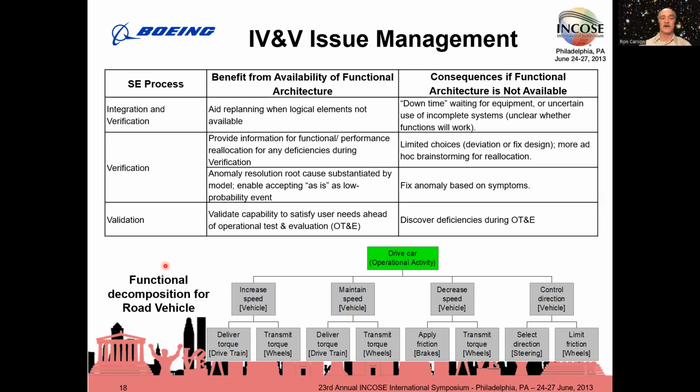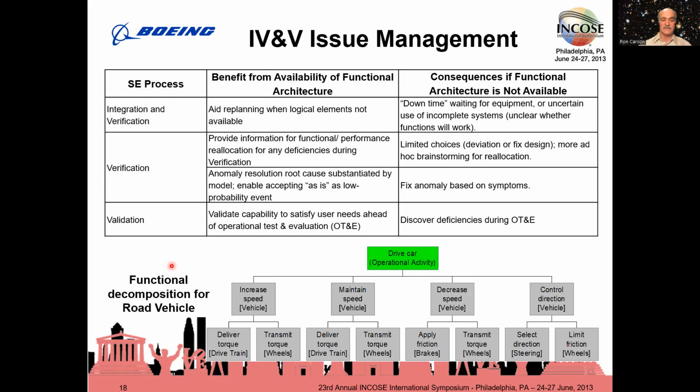We can also use the architecture model to help resolve anomalies, things that we weren't expecting, and fix them ahead of time, rather than simply forcing the stakeholders to accept the system as is or go to rework based on just fixing the anomaly without really understanding the root cause.